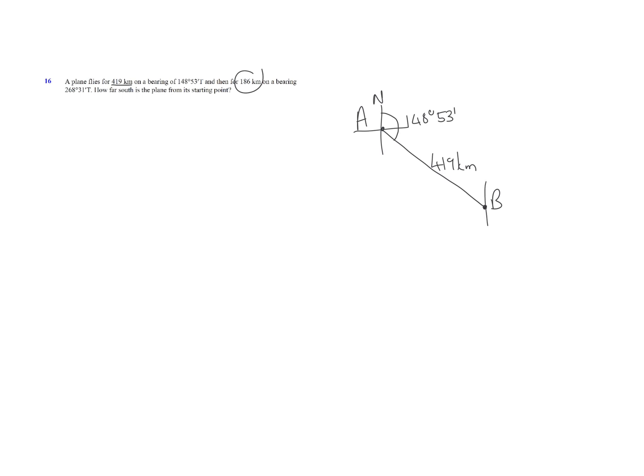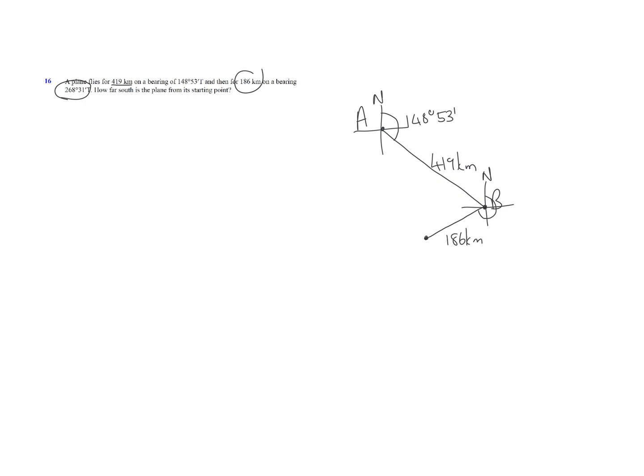So first put in your compass rose, measure the angle of 268 degrees, 31 minutes. So that's almost 270, so it's from there almost up to the westerly direction, and a shorter distance than 419. It's only 186 kilometers.